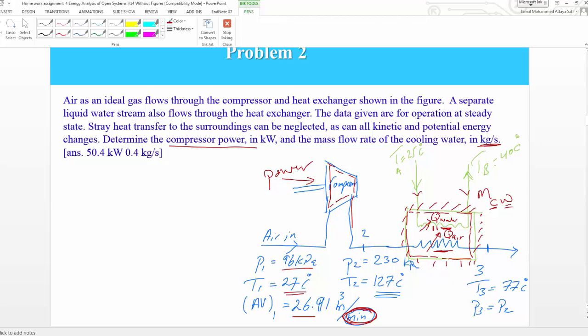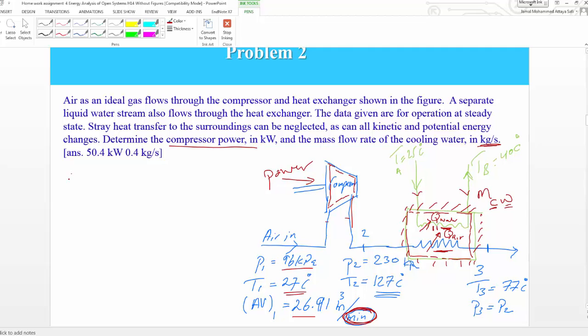If you do so, I think things start to look easier. Which means that I have a compressor with inlet and outlet, and a heat exchanger with inlet and outlet, and then the analysis will be a little bit easier.